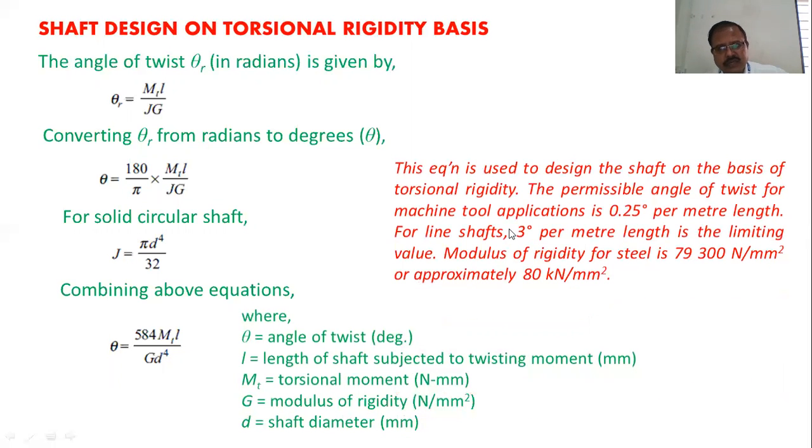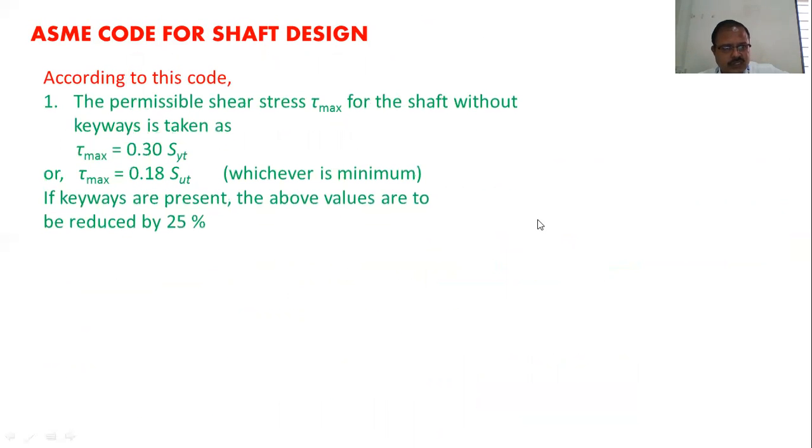Other than this, we can also calculate the diameter on the basis of ASME codes. These codes say that the permissible shear stress is equal to 0.3 times Syt or 0.18 times Sut, whichever is minimum. And if a keyway is present on the surface of the shaft, the strength of the shaft is reduced by 25%.